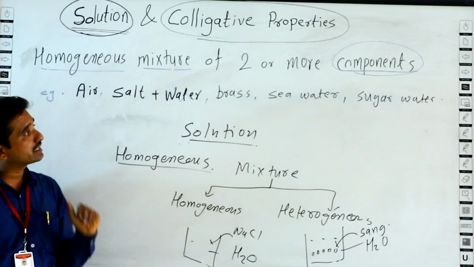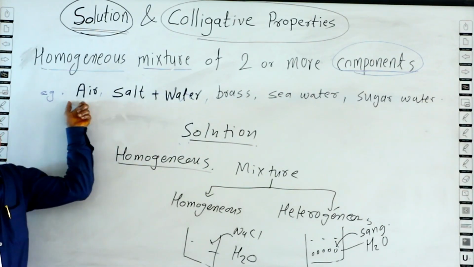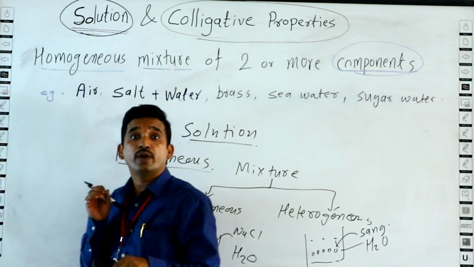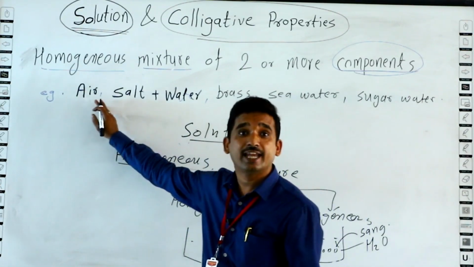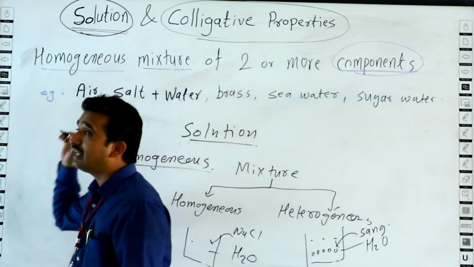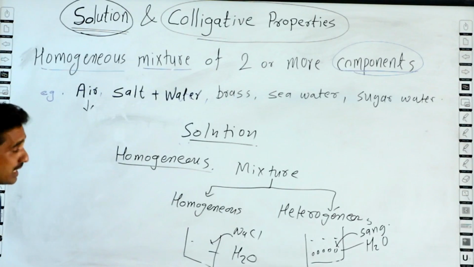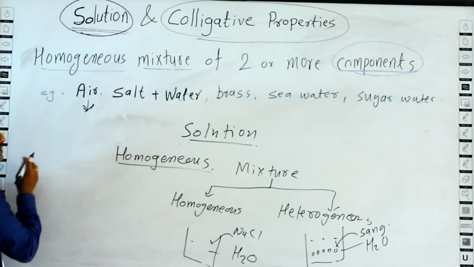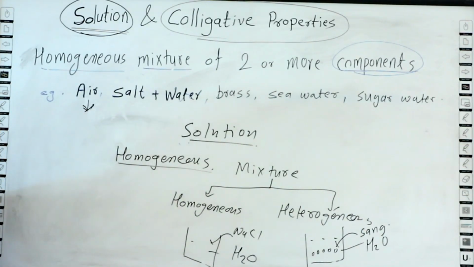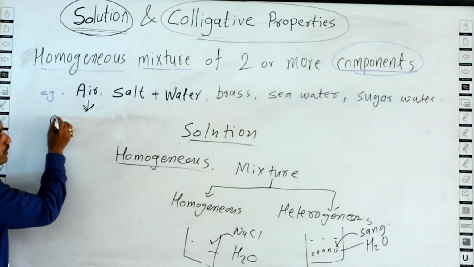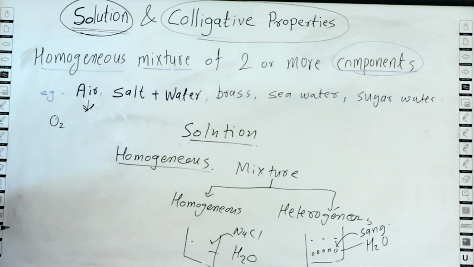Here is an example of solution, which is air. What are the various components present in air? In air there are so many components. The most important component present in the air is, first, oxygen. The second component, which is mostly present in our surroundings, is nitrogen.